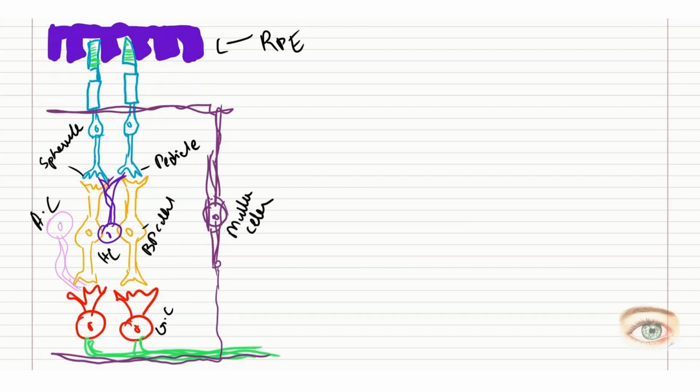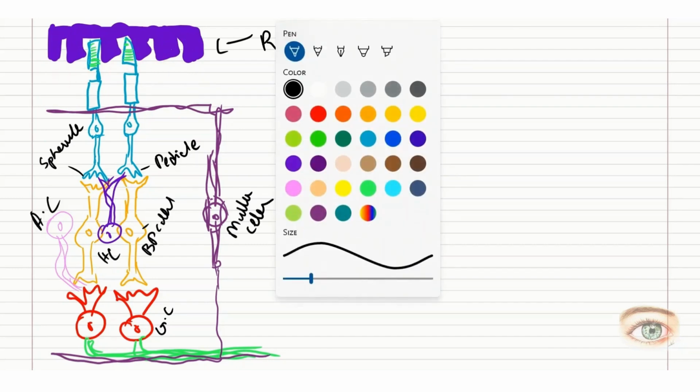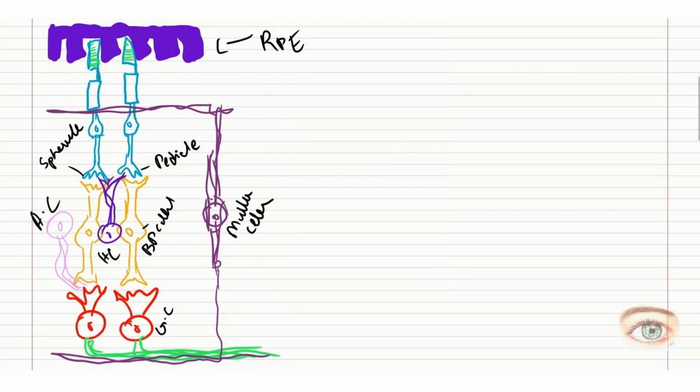So this layer is going to be called the IS-OS junction, or the ellipsoid layer.